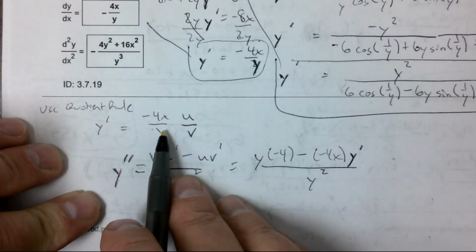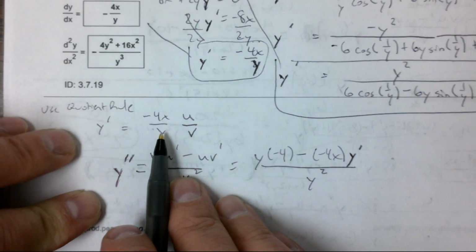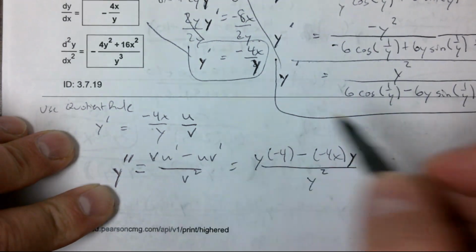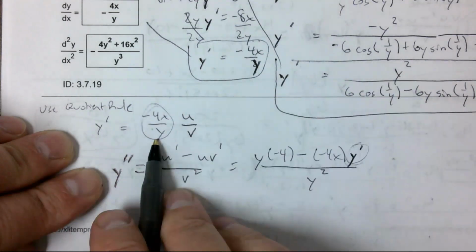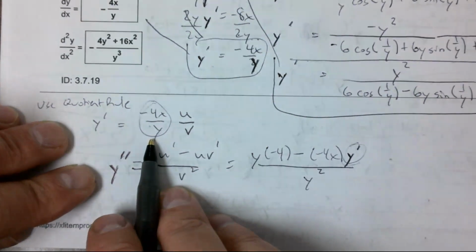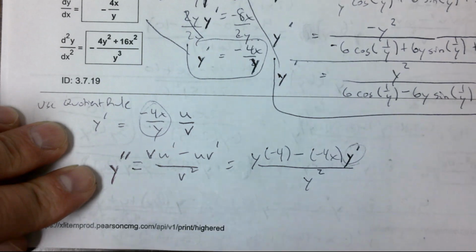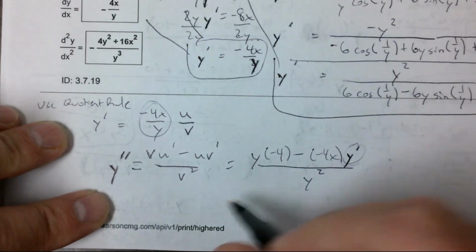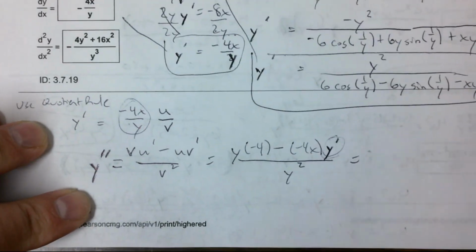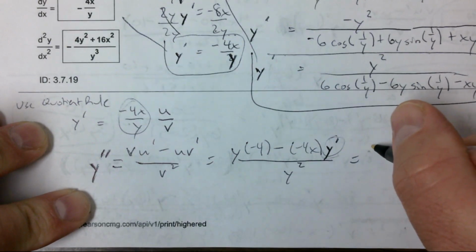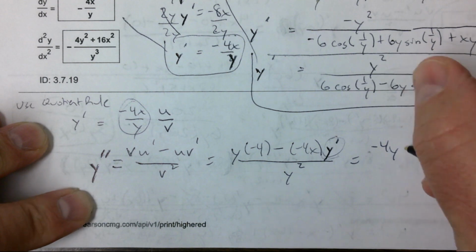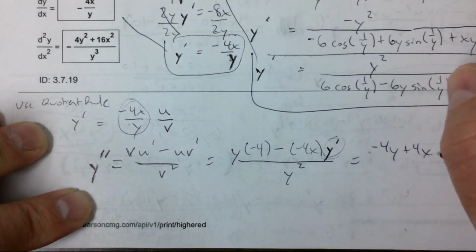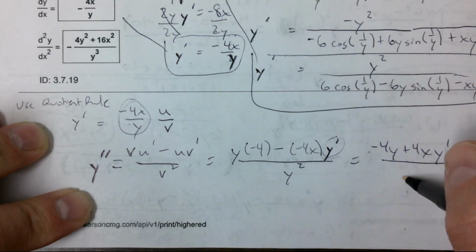Now another part you're going to have to watch out for, I believe, is with this y prime, we've got to put this and do substitution. So let's watch for that. So y double prime is negative 4y plus 4x y prime over y squared.